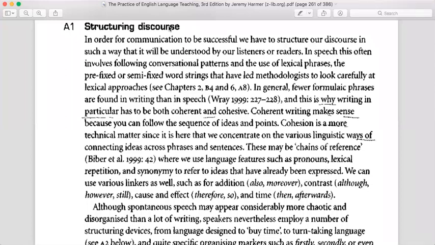What is cohesion? I'm waiting for your quick answers and then we will continue.